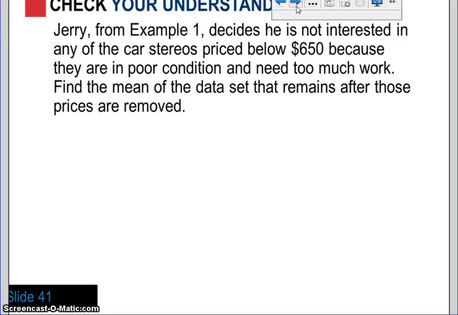So now we're supposed to find the new mean. So we know that it's 21,885, and we're going to divide that by our 25 data.